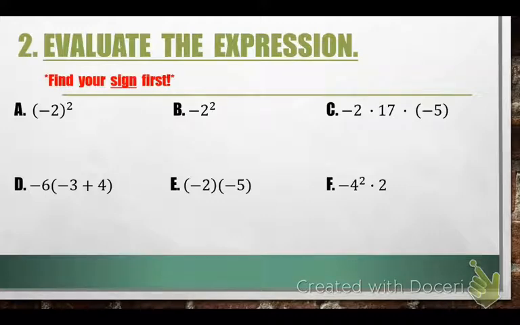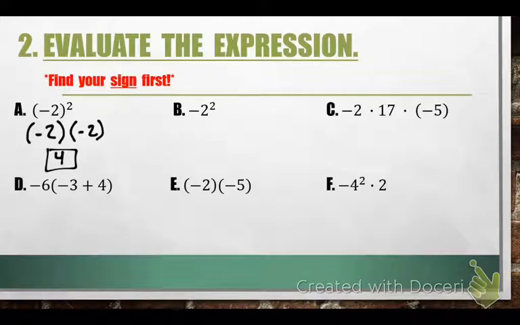What's in parentheses? -2 times -2. There you go, okay? So this means I'm doing -2 times -2. So Nehemiah, how many negative signs do I have there? 2. That's an even number. So my answer will always be a positive. So what's 2 times 2? 4, and we know that it's going to be a positive.